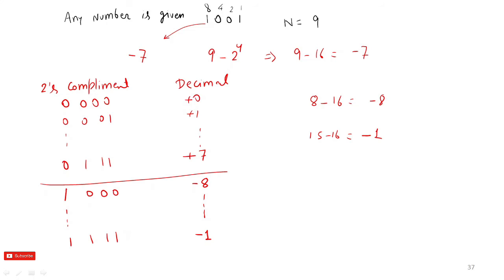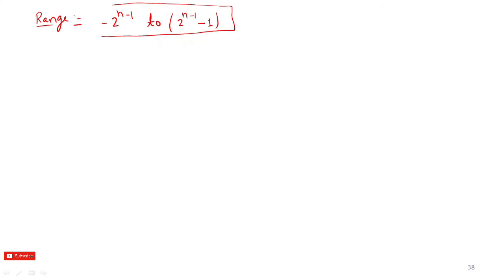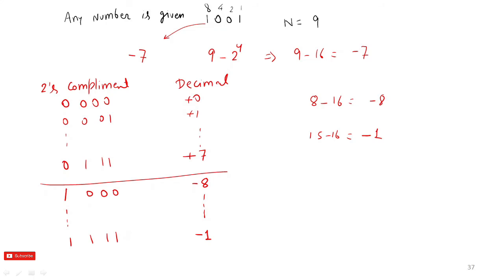So what is your range, from where to where? The range will be minus 2 to the power n minus 1 to 2 to the power n minus 1 minus 1, that is -8 to +7. Range of integers in 2's complement method for n bit binary. With 4 bits we saw the range is -8 to +7. Okay.